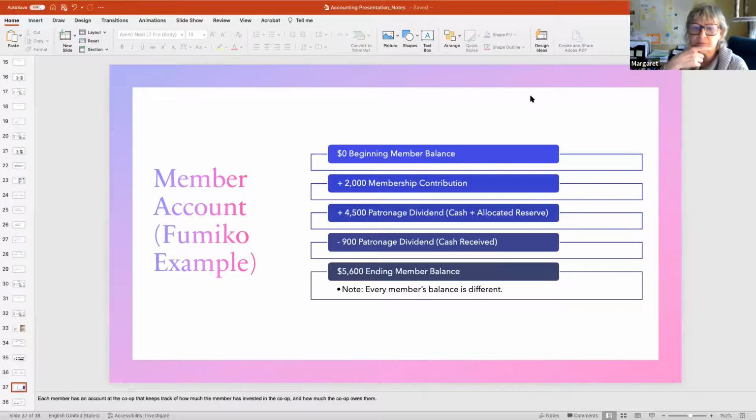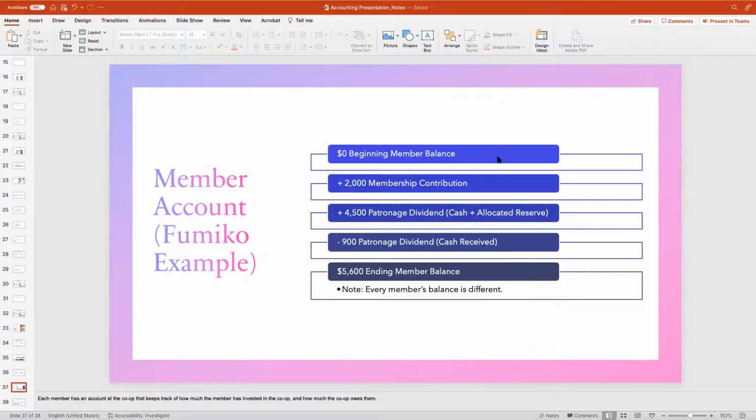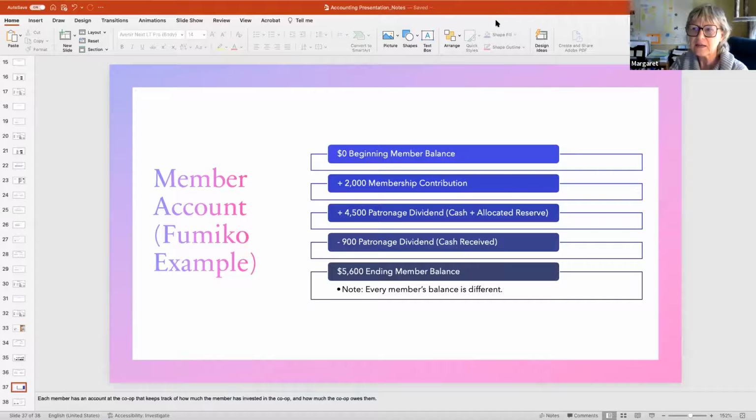I'm still back at the allocated reserve being taxed to a member who doesn't see that money. They end up eating the tax bite at whatever their particular tax rate is, and maybe they don't see that money for years down the road, and yet they've paid this potentially huge chunk.